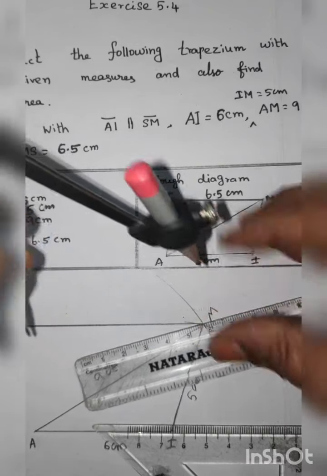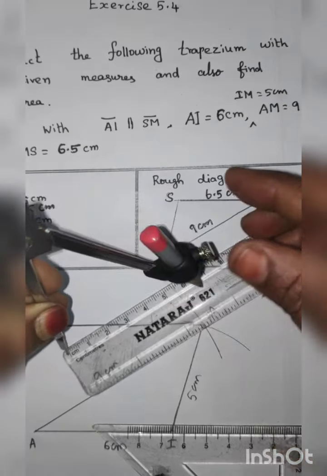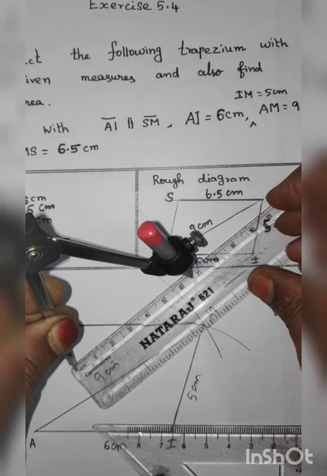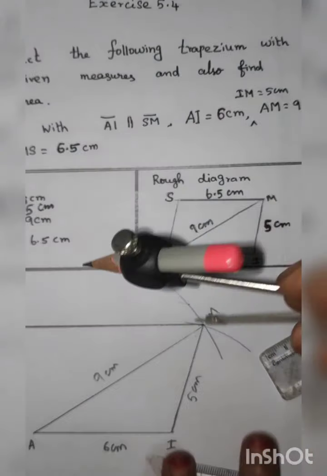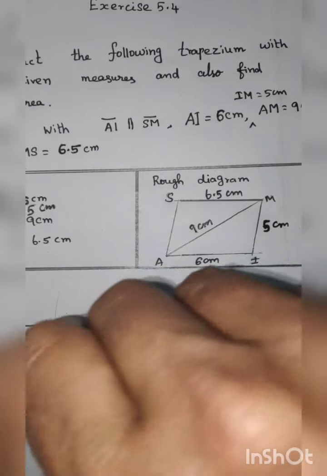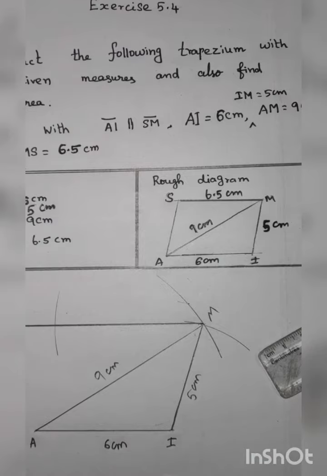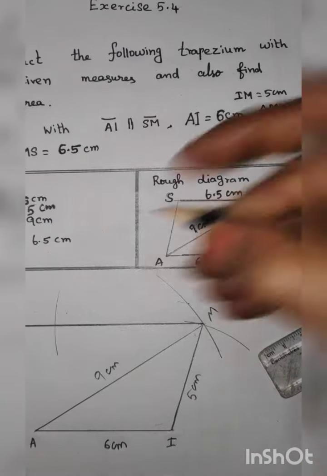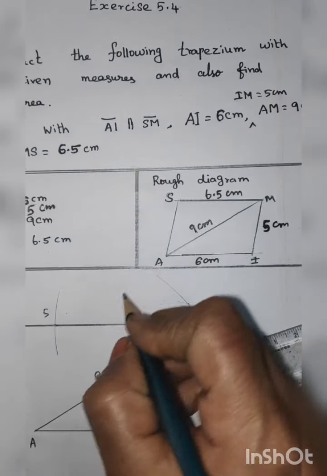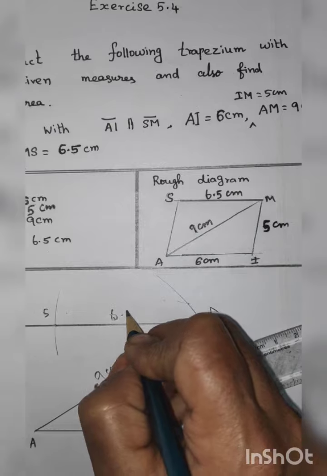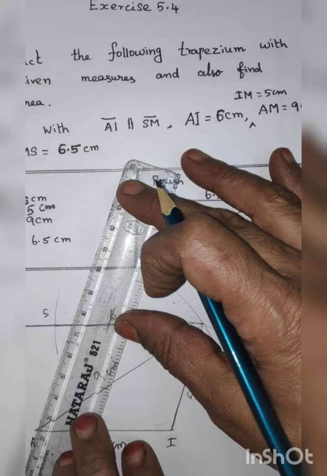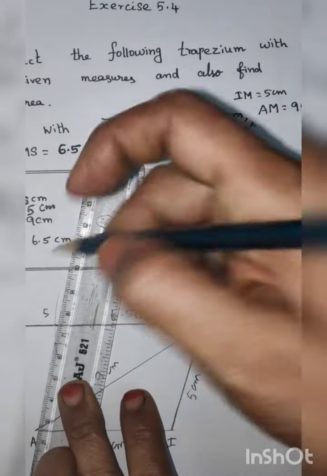Between 6 and 7 only the line should come. From M point cut the arc, lightly one arc is enough there. Now the line and the cutting arc coincide. What is that point? S point. Here you write 6.5 centimeter. No need to measure the AS line, you simply draw it. Join A and S.